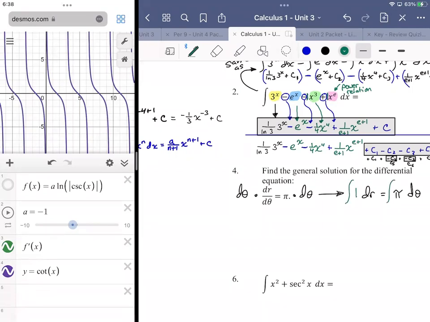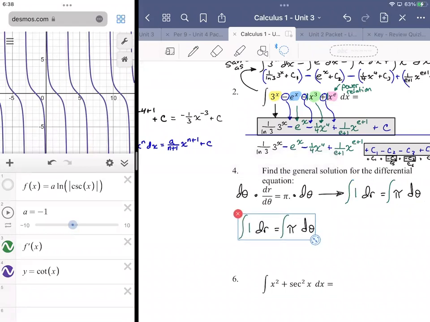On the left side, I'm anti-differentiating with respect to r, which means the relevant variable is r. On the right, I'm anti-differentiating with respect to theta, which means the relevant variable is theta. So if I look at this as a power rule situation, let me rewrite.